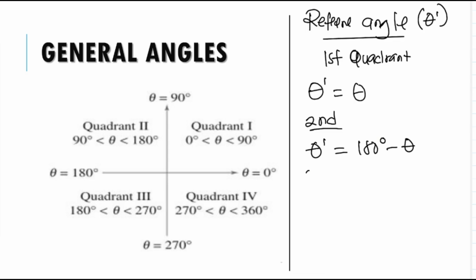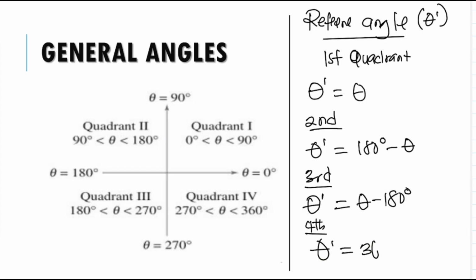And then for the third quadrant, the acute angle is given to be theta minus 180, because the angles in the third quadrant are actually greater than 180. So you subtract 180 from theta to get the acute angle. And then for the fourth quadrant, the acute angle is 360 degrees minus theta. So this is how to find this angle.